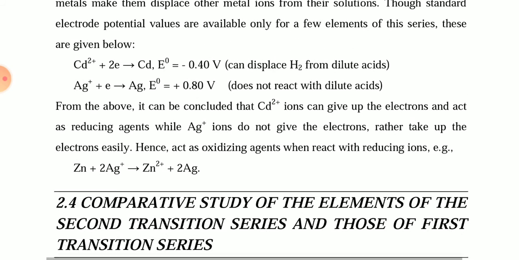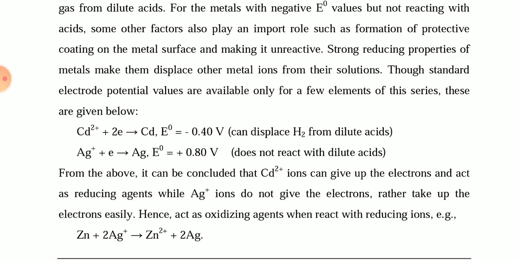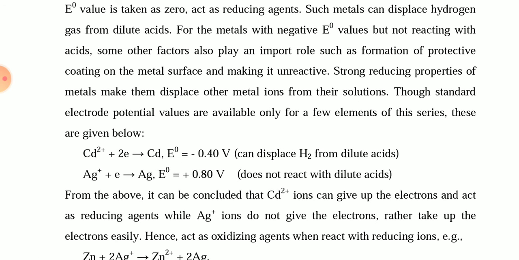In the above reaction, the cadmium 2+ ion can give up electrons and act as a reducing agent, while the Ag+ ion does not give electrons, rather it takes up electrons easily. Hence it acts as an oxidizing agent when it reacts with a reducing agent. So the whole reaction is Zn plus 2 Ag+ equals Zn2+ plus 2 Ag. So these are the characteristics of the second transition series of d block elements.